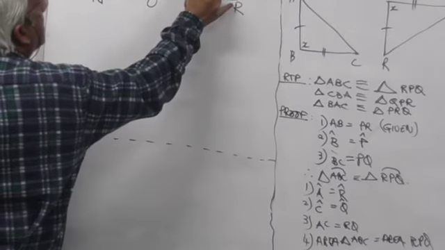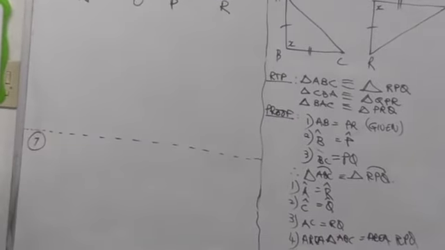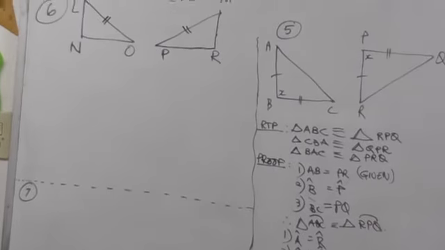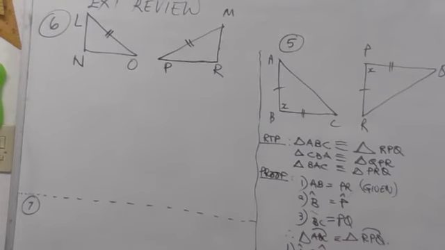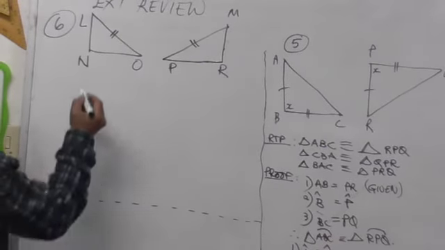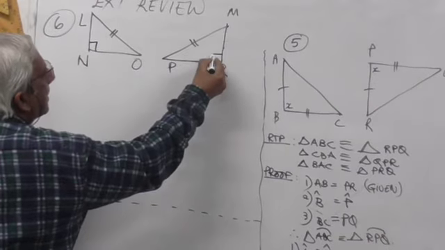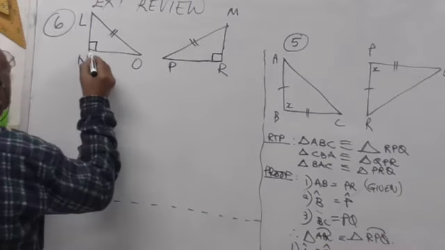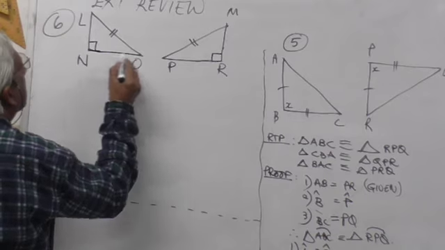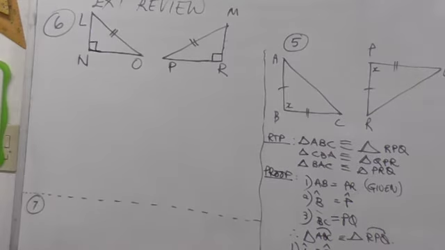Then you are told that angle N is equal to angle R and they are 90 degrees. So this is 90 and this is 90.